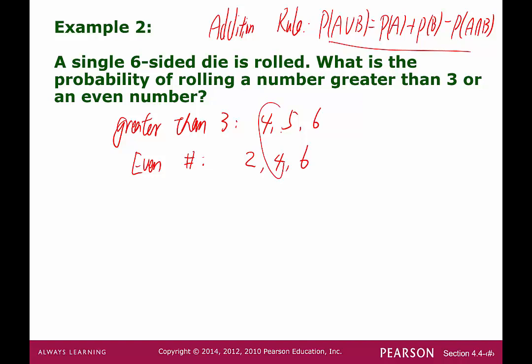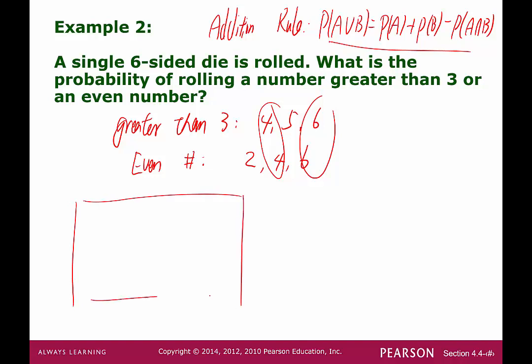As you can see, you have two common sections, or two intersect. So if you draw the Venn diagram here, 4 and 6 are the common numbers. This circle is greater than 3.